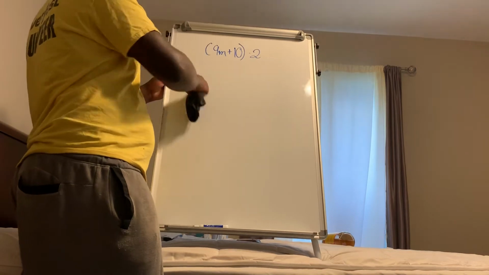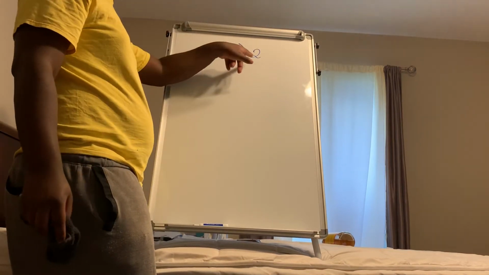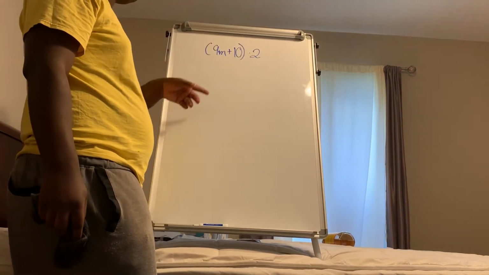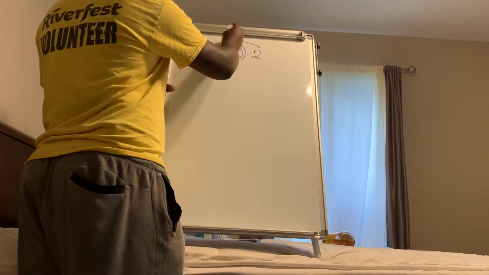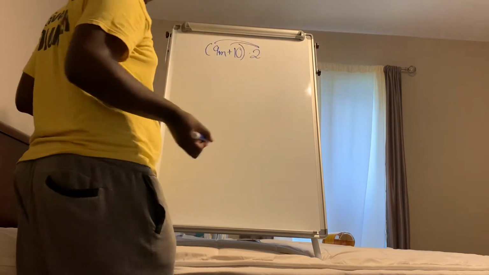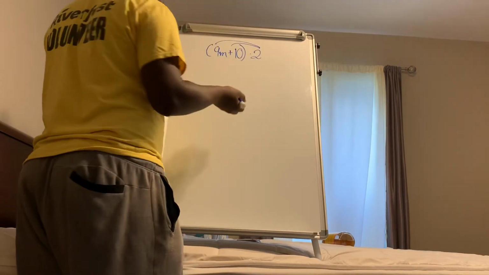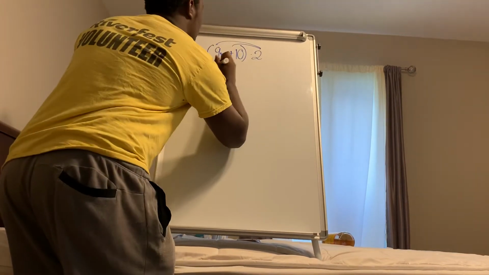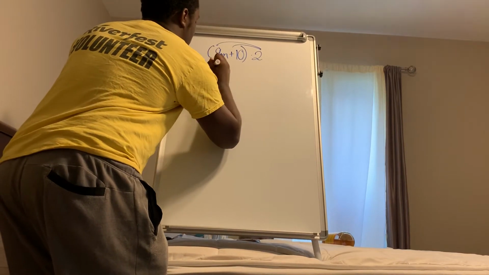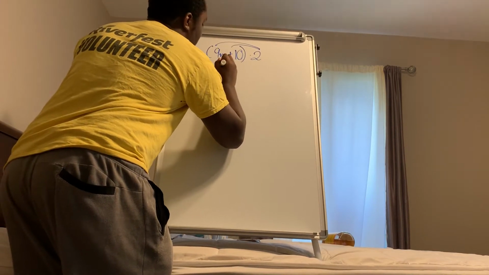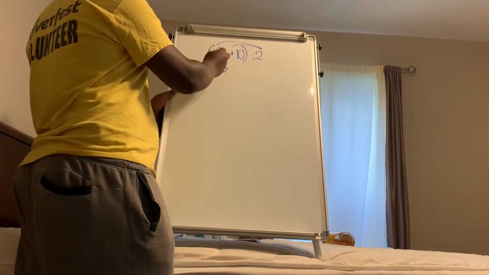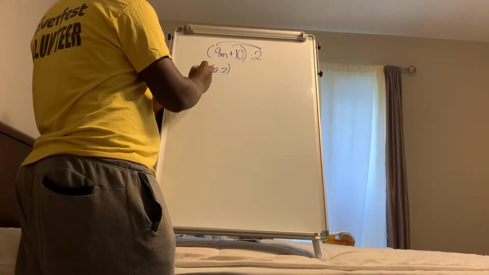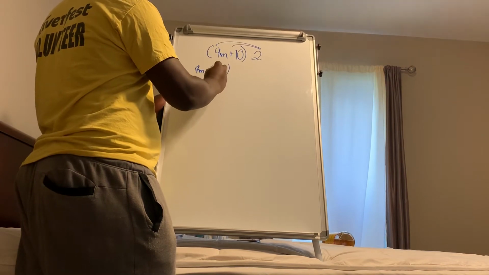So usually we're going to see it in front, but because it's being multiplied by 2, everything in the parentheses, we're going to multiply it the same way, here and here. Now, if it was written 9m plus 10 times 2, then we would do order of operations, and we would just combine these two, and it would be 9m plus 20.